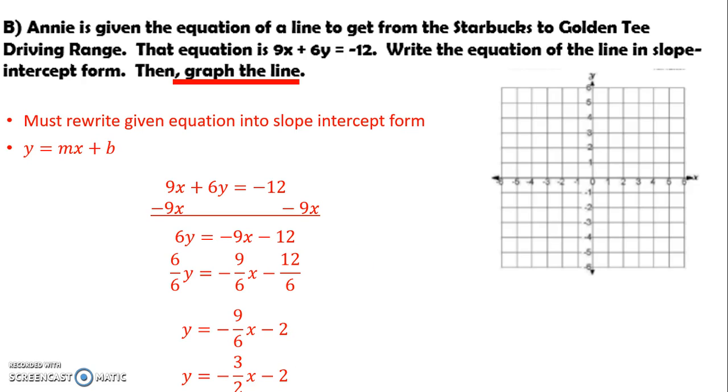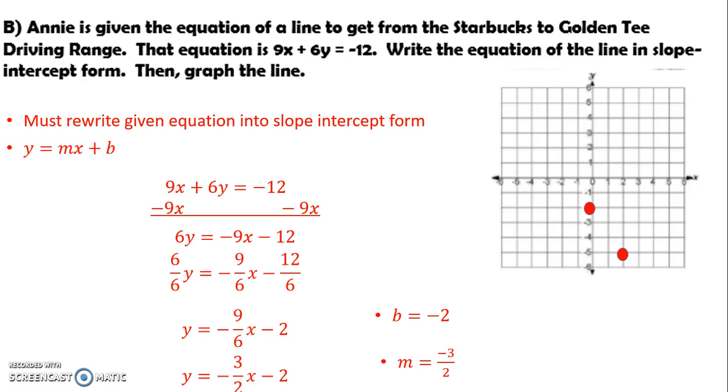The second thing I've asked you to do is to graph the line. In order to graph a line, I need to know the y-intercept and the slope. In this example, my y-intercept is -2, and my slope is -3 over 2. To start the graph, we start at our y-intercept, -2, and go down 3 and to the right 2, because I have a negative over positive.